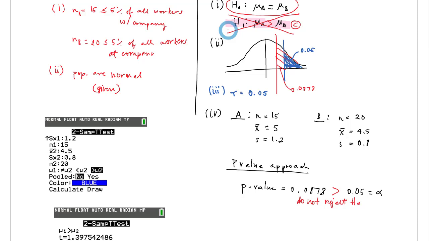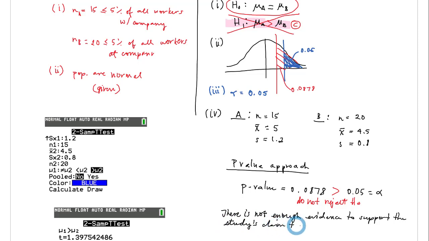There is not enough evidence to support the claim that company A's workers work longer on average than company B. So let's write this out in step 5. There is not enough evidence to support the claim that company A retains its workers longer than company B.